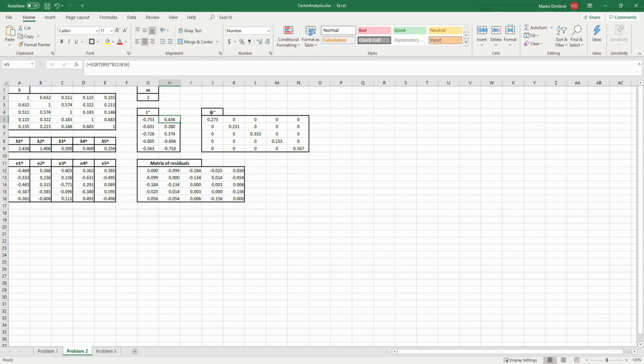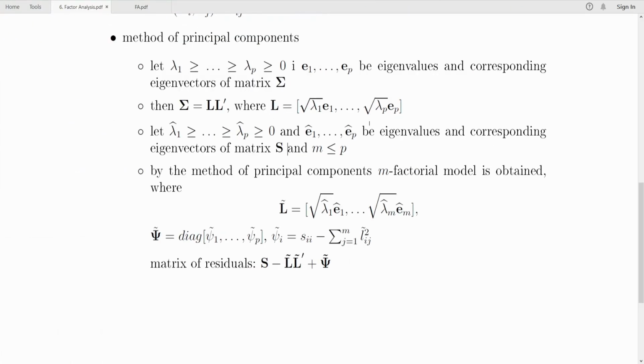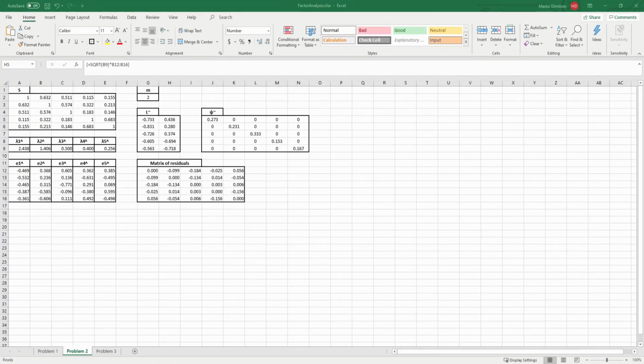Our m, let's go back maybe, we can see our m here is 2. So we will here have only two columns, right? For 1 and for m equal to 2, so for the second one. This is why our L tilde looks like this. So this is estimation using our principal components method.